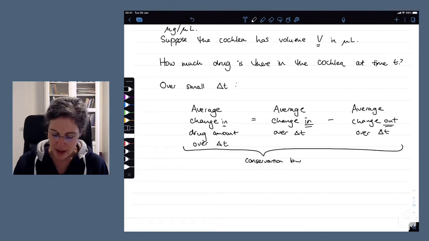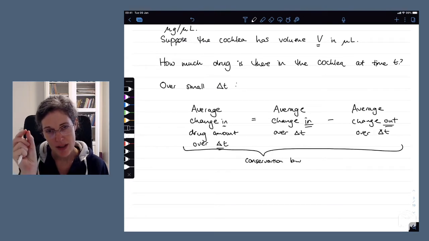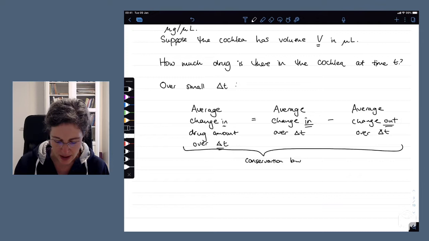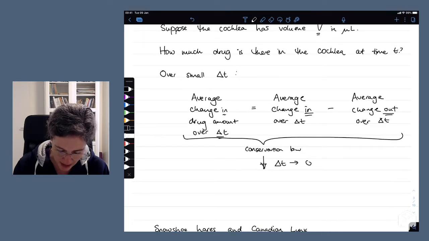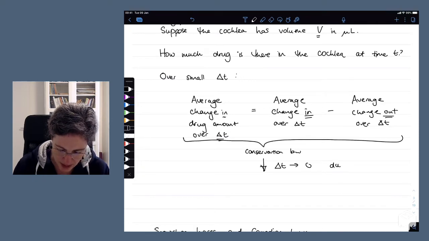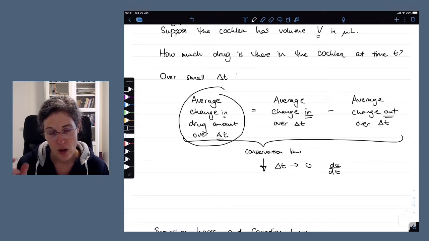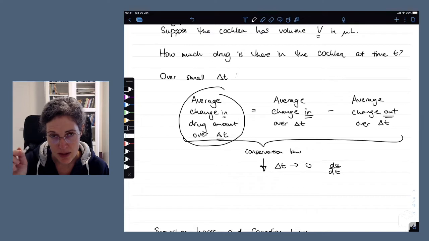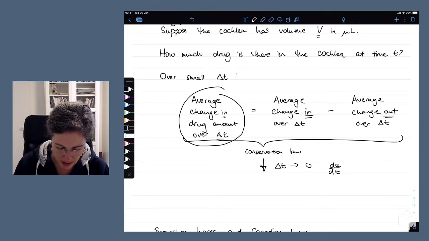All right, so this is talking about average change over a small delta t, but as you're probably guessing by the fact that I used a delta t over here, we're going to think about what happens as we make delta t really small. We make delta t infinitesimal, so delta t tends to 0. Then what we end up with is du by dt. Our average change over delta t, as delta t goes to 0, you'll recall from calculus 1, actually gives us our du by dt, our instantaneous rate of change.